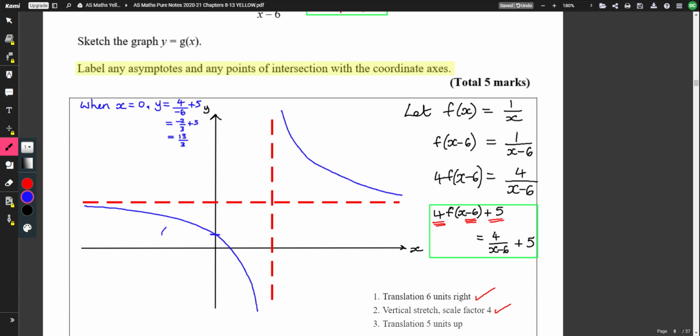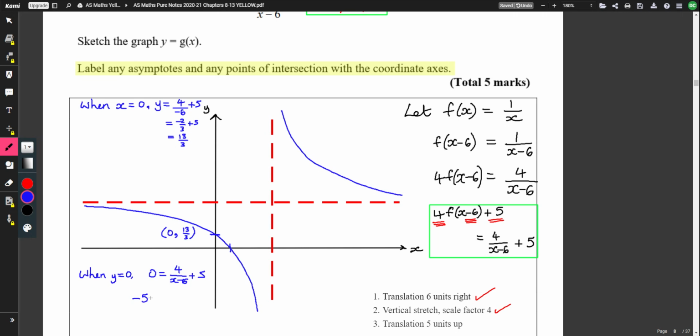We've just worked out when x is 0, y is 13 over 3. We now need to work out where does it go through the x-axis. So when y is 0, so 0 is 4 over x, take 6, add 5, and rearrange that to find x.